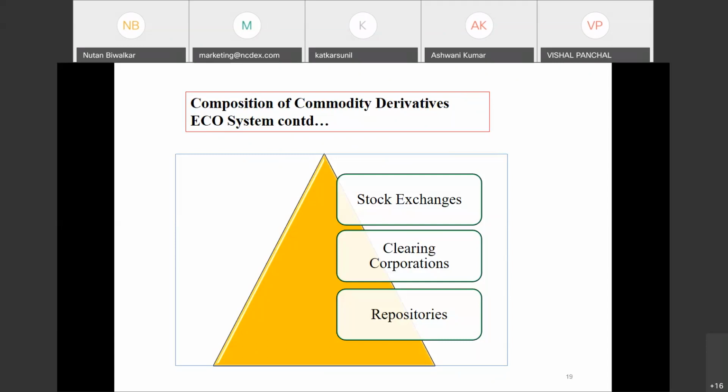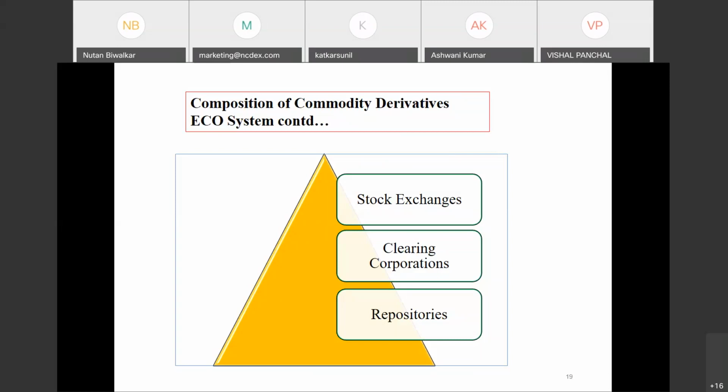Now the repository. At present we have only 2 repositories. What are they doing? They play a very significant role in pledge financing. The 2 repositories at present are National E-Repository and CCRL, that is CDSL Commodity Repository. In National E-Repository, NCDEX is the main shareholder.